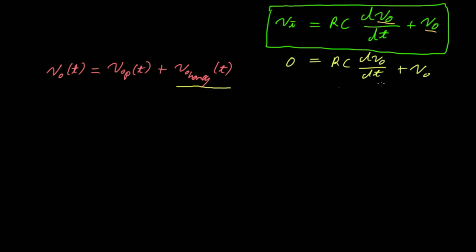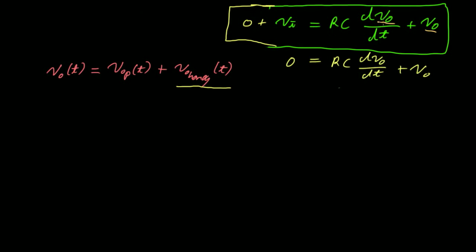And it's okay if this doesn't make a lot of sense for you right now, but keep in mind, when we say that our left-hand side is equal to Vi, it's really equal to 0 plus Vi, right?